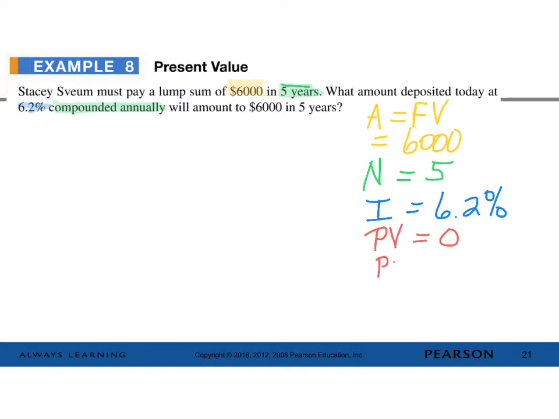And the payments, since we're only going to make a lump sum deposit, is also going to be 0. And your C/Y and your P/Y, again, both have to be the same. And since it's compounded annually for 5 years, then that's going to be 1.